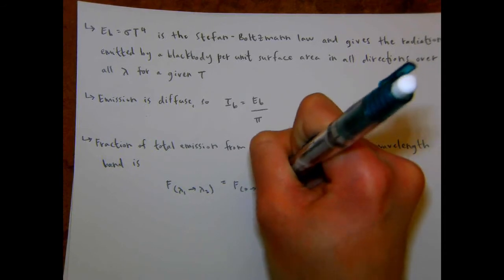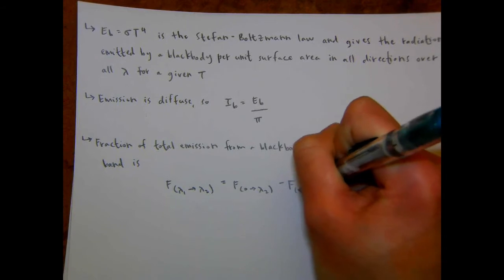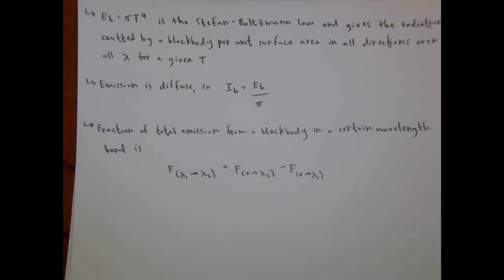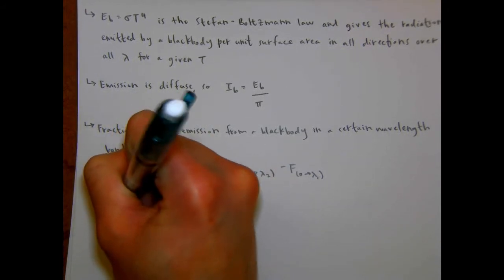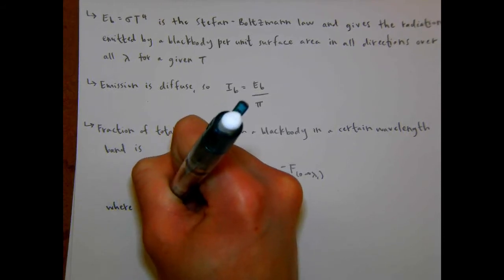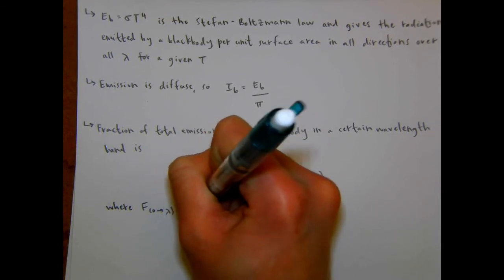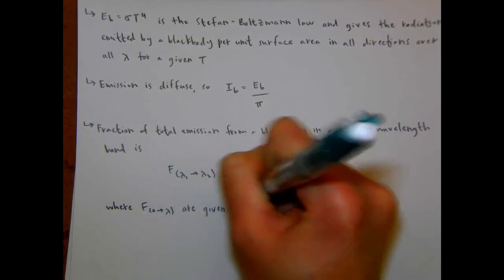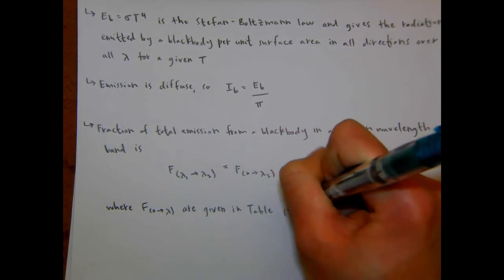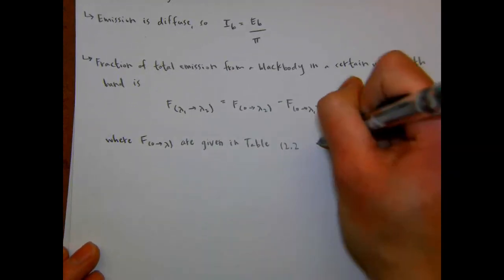You can calculate that as the fraction between 0 and lambda sub 2 minus the fraction between 0 and lambda sub 1, where these values are given in table 12.2. And I'll put that on Canvas.